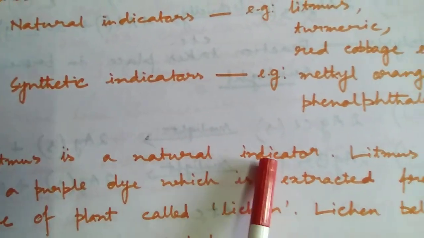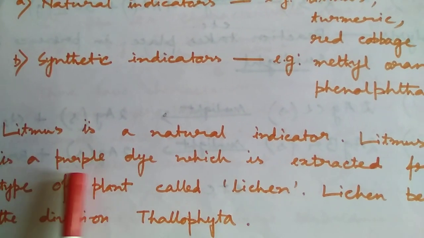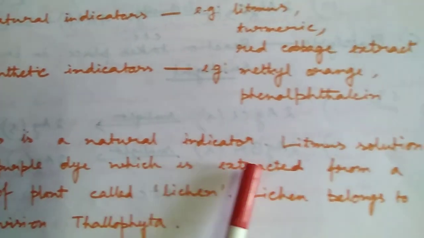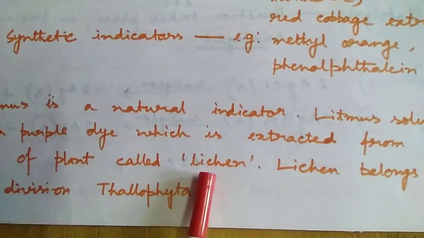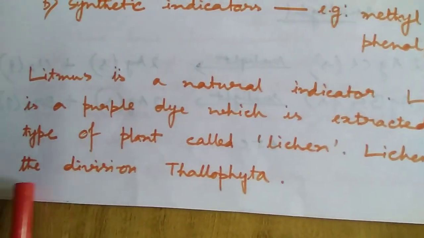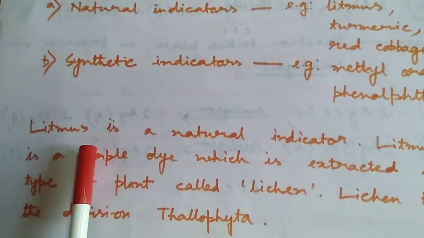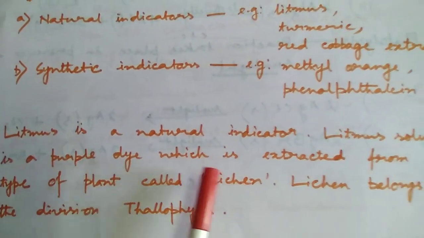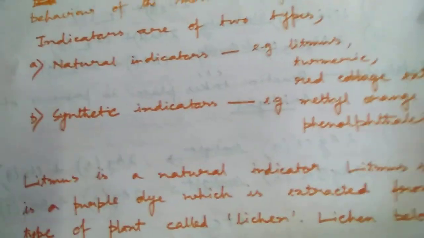Litmus is a natural indicator because this solution is a purple colored dye, a purple colored substance, which is extracted from a type of plant called lichen. Lichen belongs to the division Thallophyta. Since the litmus dye is extracted from a natural substance, it is an example of a natural indicator.